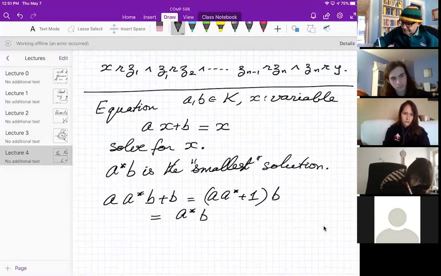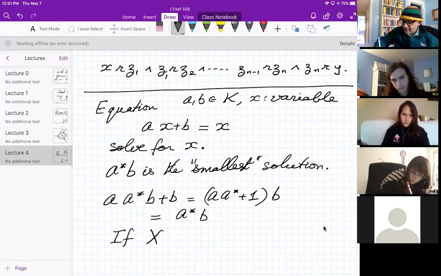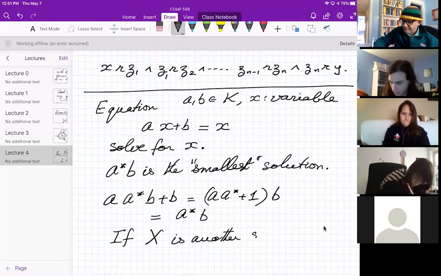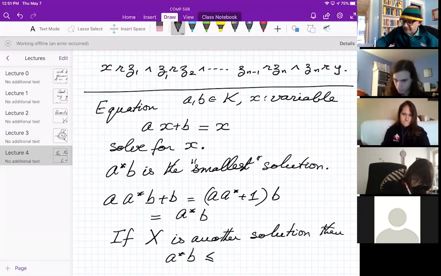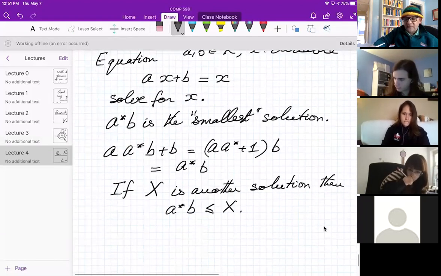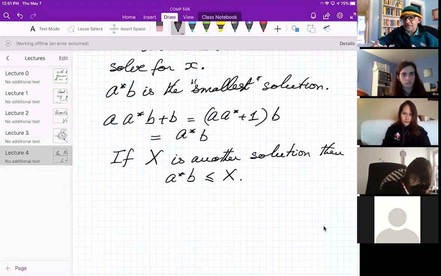So now, what does it mean to say it's the smallest? If capital X is another solution, then A star b is actually less than X. So it's not that there's a unique solution, but there is a least solution.